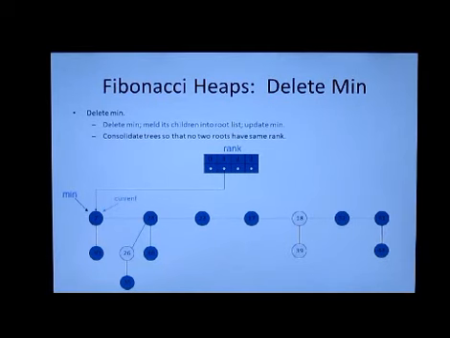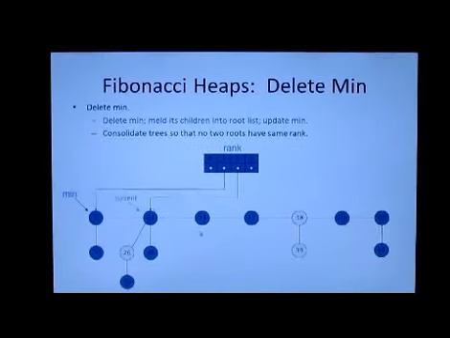Root nodes are stored in the array at the index corresponding to their degree. In here, the rank of 7 is 1. Our current node is 24 and the rank of 24 is 2.